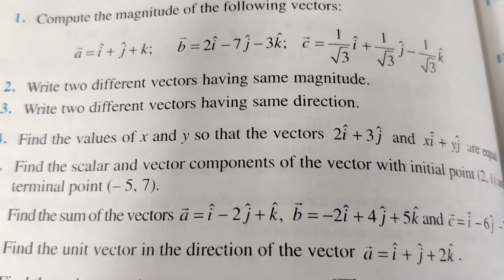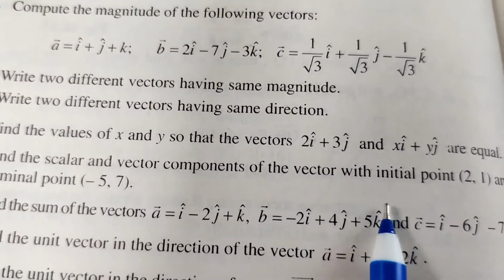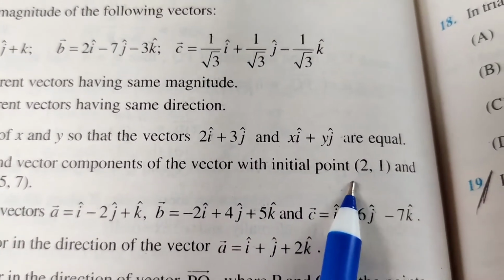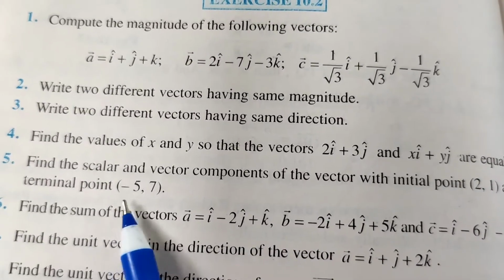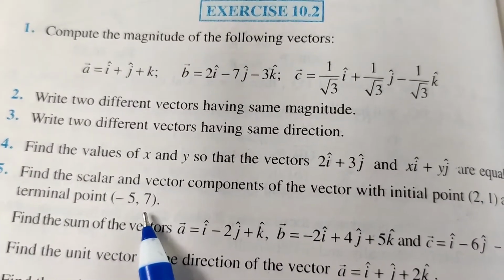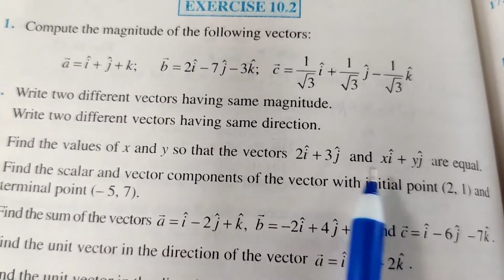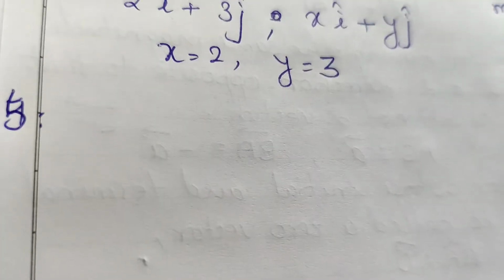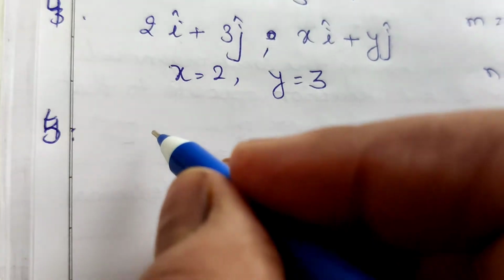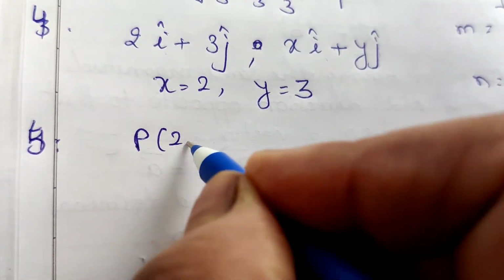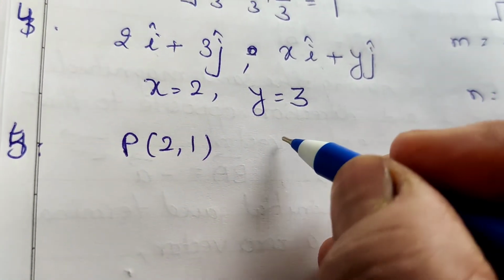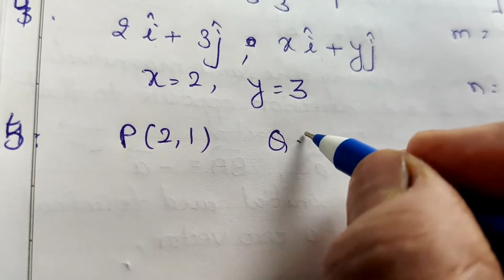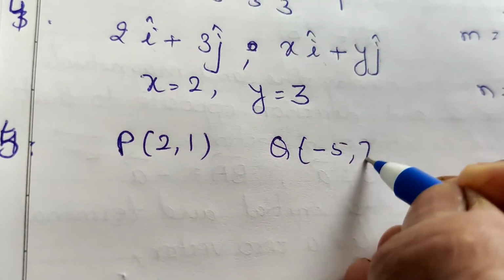Question number 5. Find the scalar and vector components of a vector with initial point 2, 1 and the terminal point -5, 7. Suppose initial point is P (2, 1) and the final point Q (-5, 7).